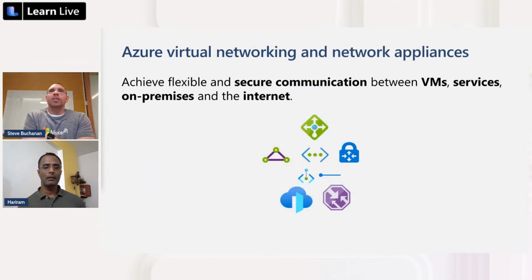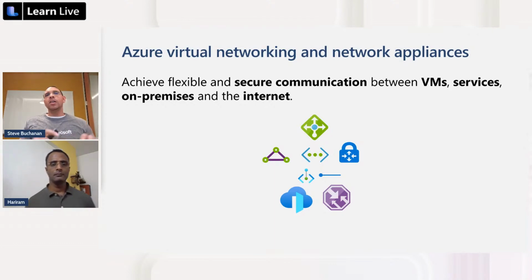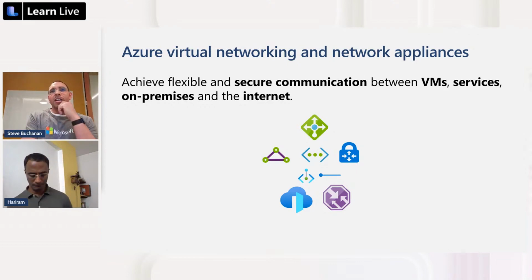And then there's virtual networking, right? Especially from an IaaS perspective, if you're running your Linux workloads, you'll need a way to access those. If you're running workloads for customers, you'll need a way for them to access those services. And so there's virtual networking available in the cloud. This is a number of services, from the actual virtual networking itself to things like ExpressRoute. If you need to connect your on-premises up to the cloud, maybe you have some workloads running on premises, maybe you have some Linux workloads running in the cloud, you can connect those two over a very fast connection.